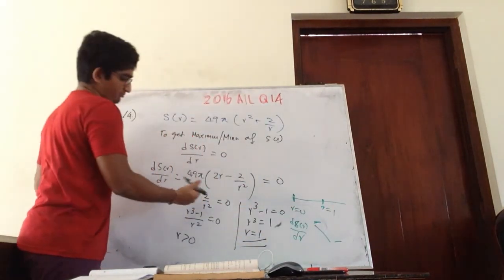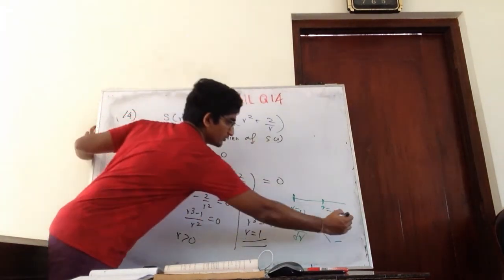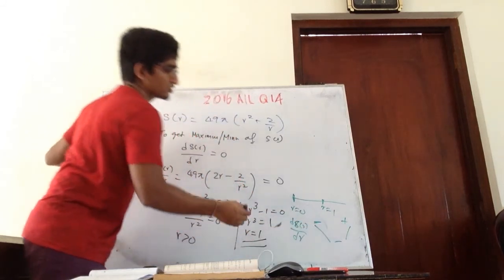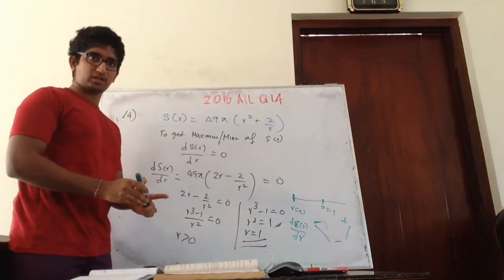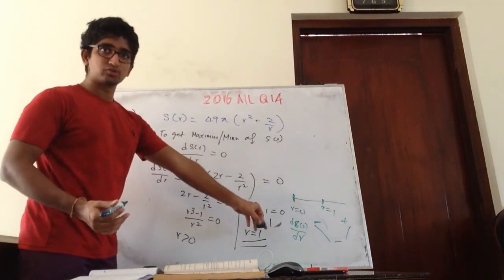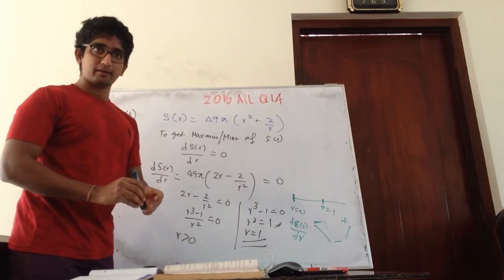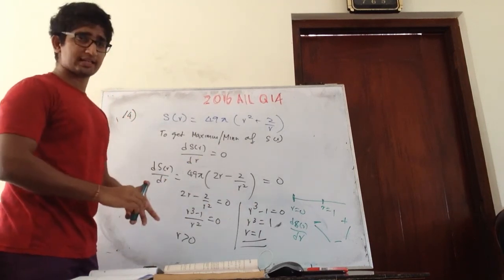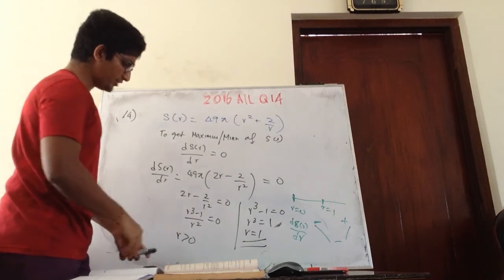Then when it's greater than R equals 1, it's going to be positive. So just show like this. This is anyway true, but just show like this. It won't take you much time. Then you can write.